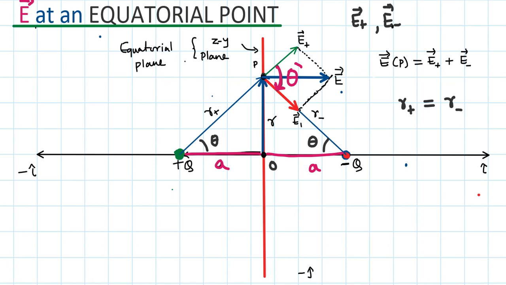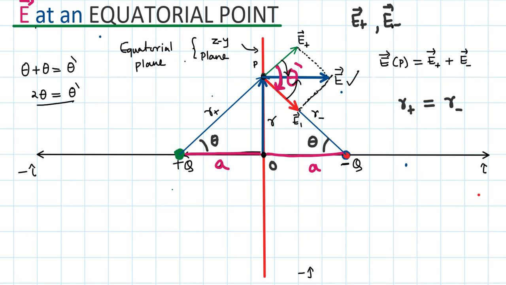I have stated a few facts, one of which was that the angle theta plus theta adds up to theta prime, which means 2 theta becomes theta prime. Since the vector E bisects the angle theta prime, the angles on either side, here and here, will be exactly half of theta prime.